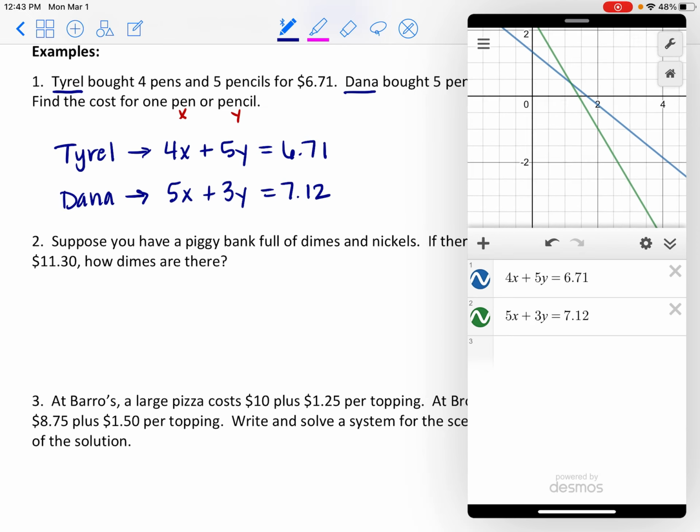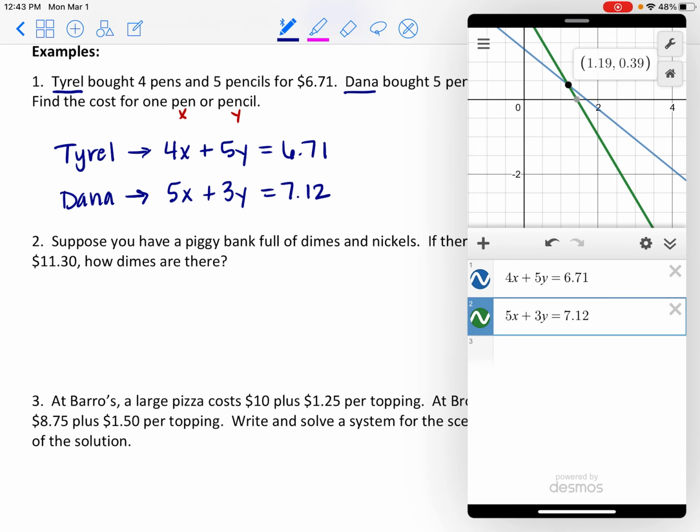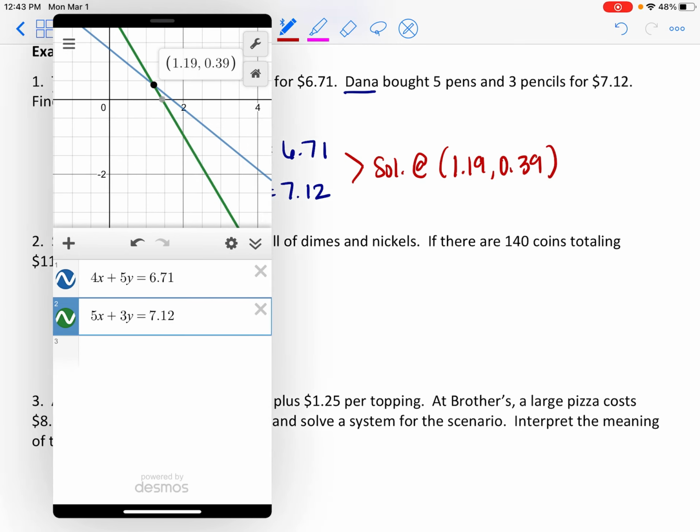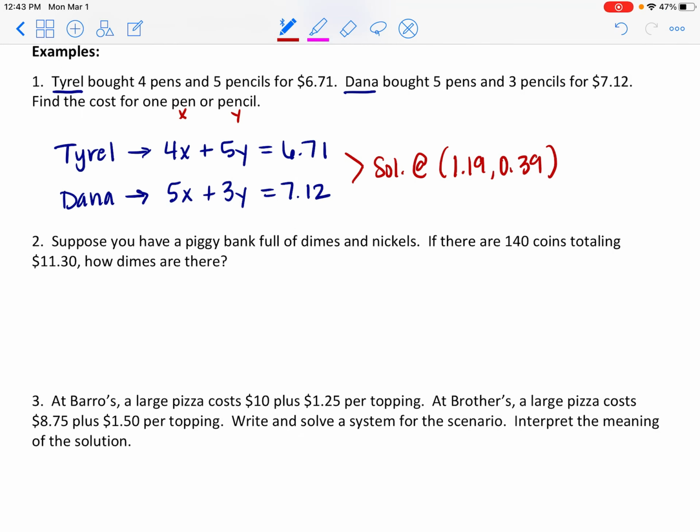Our solution, the point where these two lines are crossing, is 1.19 and 0.39. And remember, x's were pens, and y's were pencils.